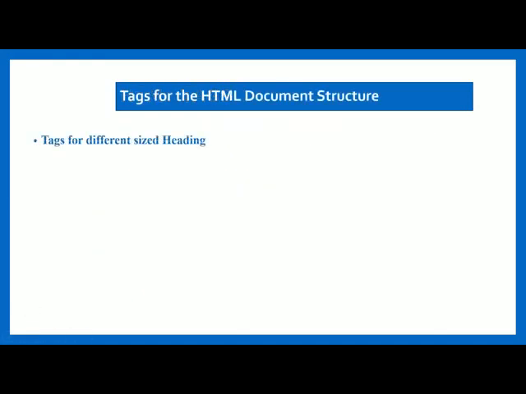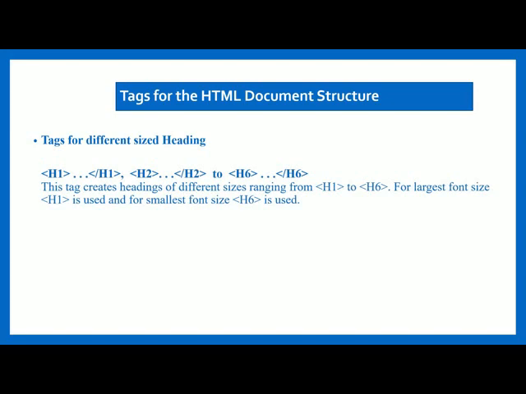Next, tags for different sized headings. In HTML, it provides 6 levels of headings, H1 to H6. For H1 we have the beginning, and in the same way we have the closing also. In the same way H2, and this will go till H6.